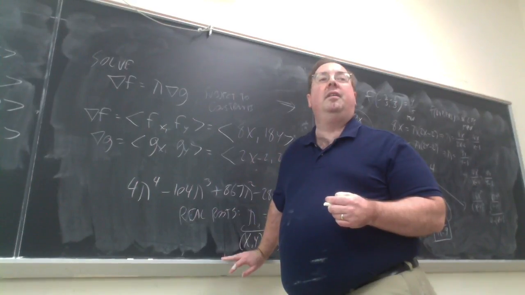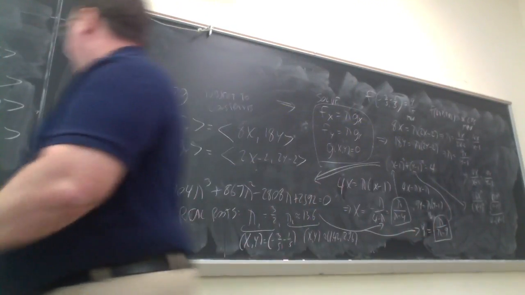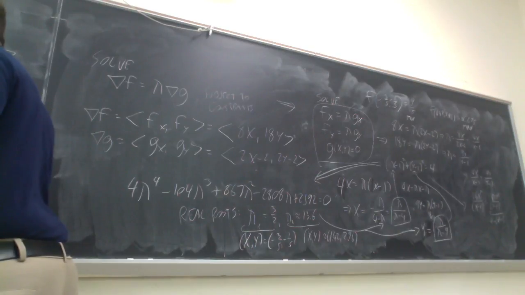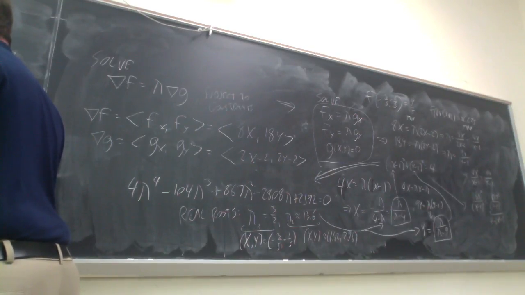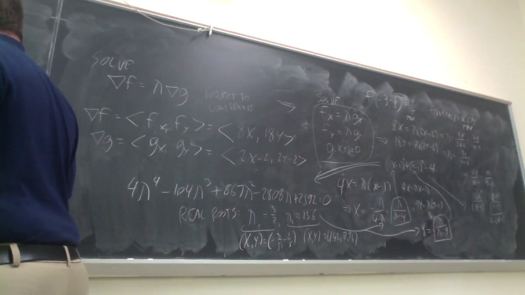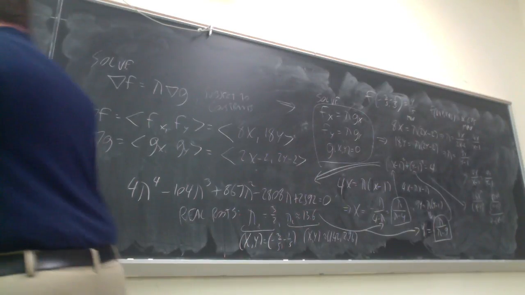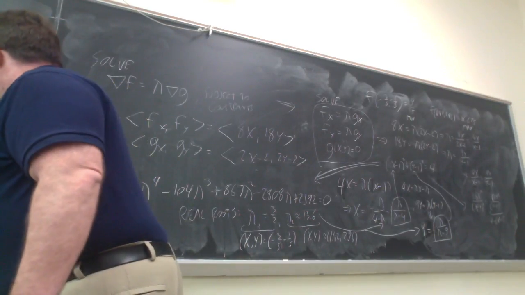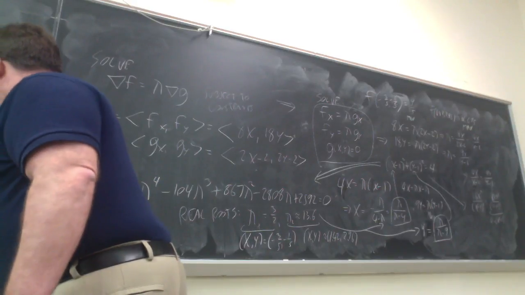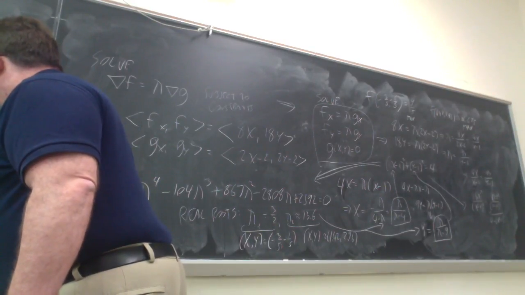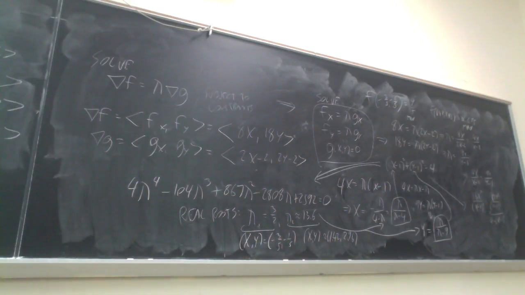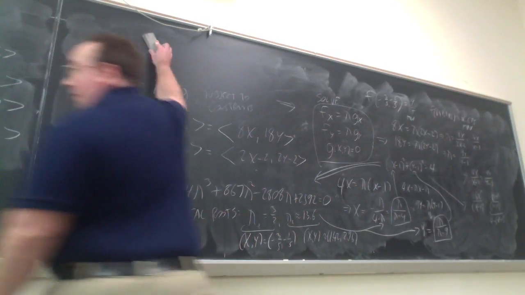X is negative y. Yeah, x is equal to minus y, because from these you can get x is equal to minus 1 over 2 lambda 1, and y is equal to 1 over 2 lambda 1. But those are negatives of each other, so x is equal to minus y. So that helps a great deal, because now we can substitute that into this equation that has only x and y in it.